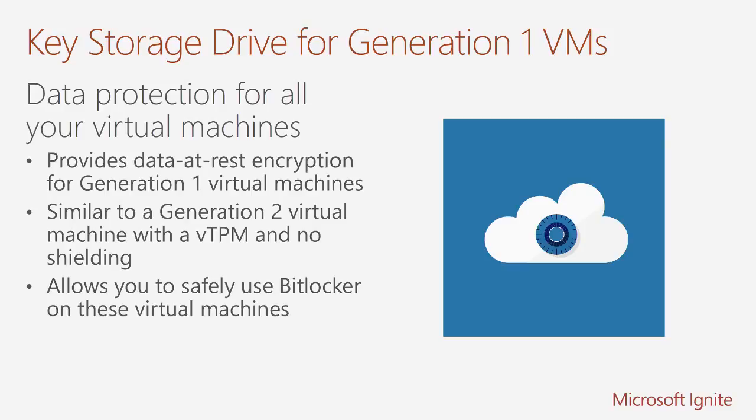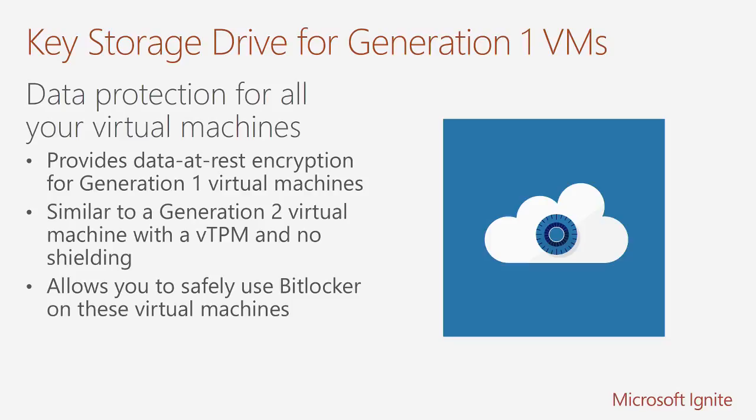And we initially came back and said, well, we can't do that because there's no way we can deliver the same security promises on a Generation 1 virtual machine that we can on a Generation 2 virtual machine. And the customers actually came back and said, that's okay. We don't need the same level of security. The regulation requirement we have is just that our data is encrypted at rest.